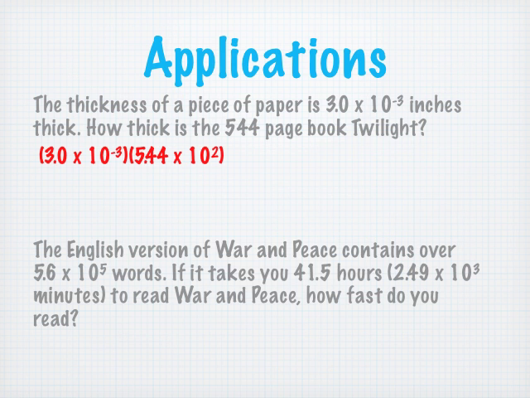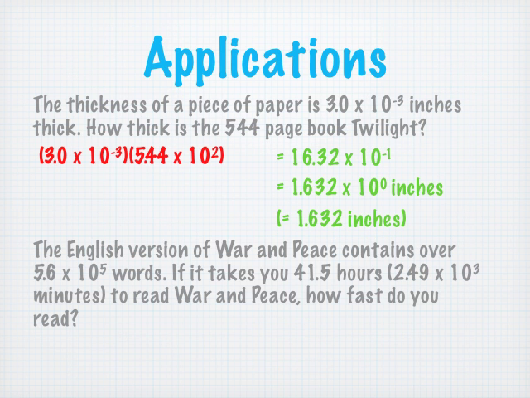I'm going to write 544 in scientific notation. So I get 16.32, and yes, you can do the 3 times 5.44 on your calculator, but don't do the whole thing, only the little number part. Times 10 to the negative 1, so that gives me 1.632 times 10 to the 0 inches, or just 1.632 inches. Work the problem in scientific notation, but you can change it back to a standard number at the end.